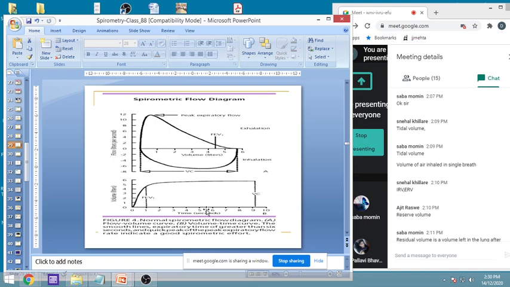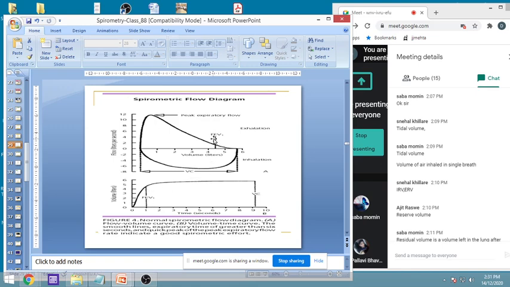Then we get this spirometric flow diagram. This is the normal spirometric flow diagram. Here you get this kind of flow, and the volumes are there. This is exhalation, and below is inhalation, and we are matching it with the volume versus time graph, and we are measuring at FEV1.